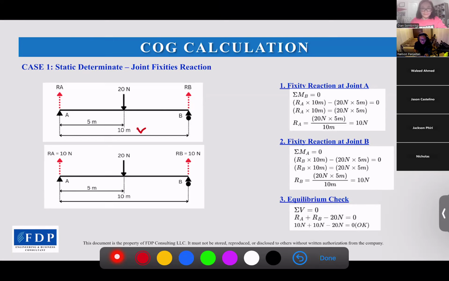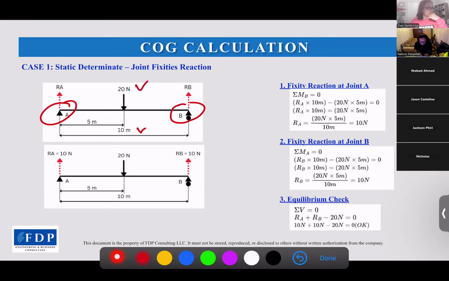A and B we can interpret as lifting points, or anything else, we can interpret as supports. So we have joint fixities A and B here, the distance is 10 meters, and there is a member between A and B, and the load acting on the member is exactly at the center of the member.